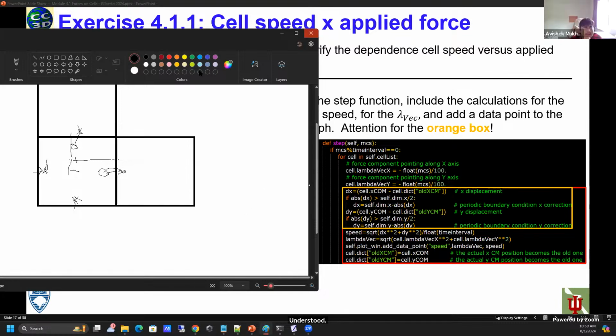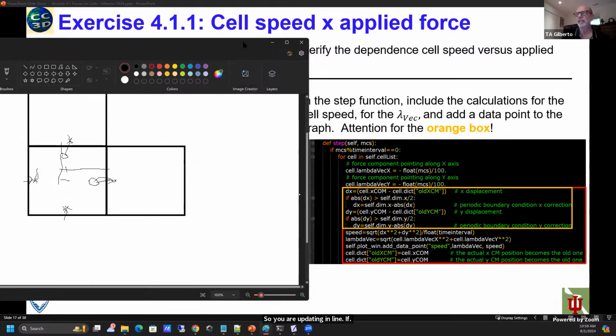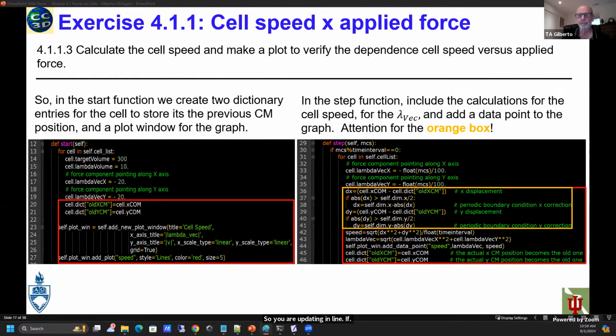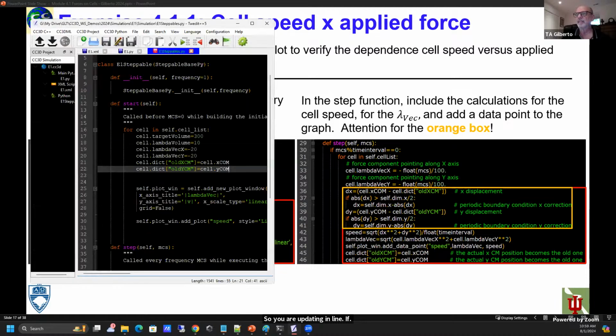I have a question. I'm sorry to interrupt. So why is it exactly half? Are you initializing the cell to be right at the center at time t equals 0? I think I didn't get. Why am I doing that? So you are updating in line... Yes. Uxia called my attention to that.